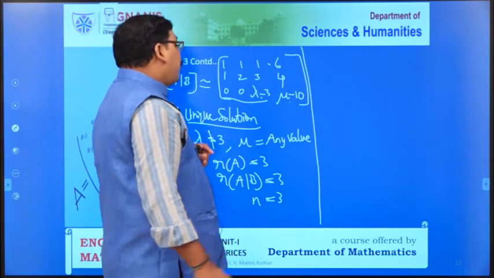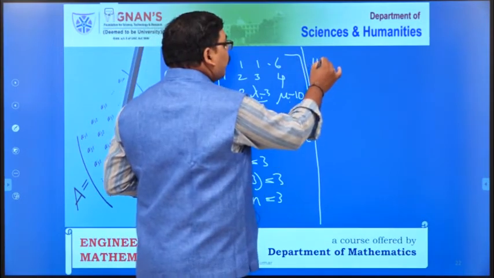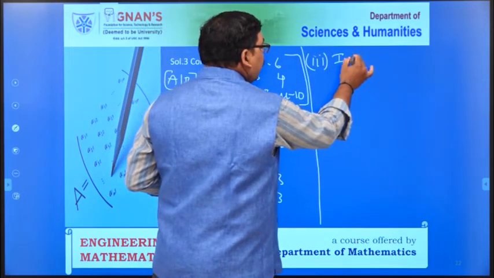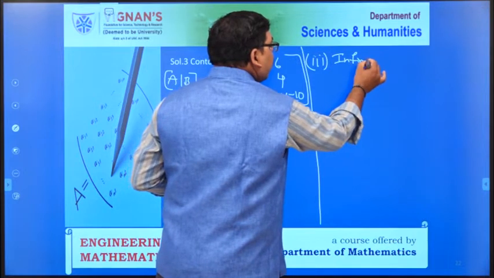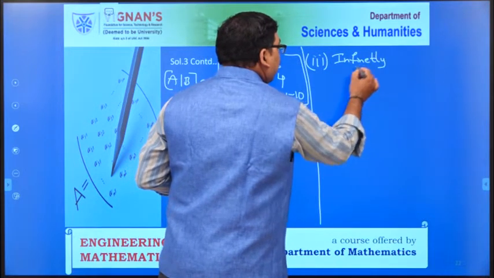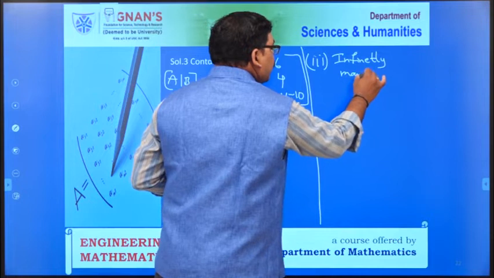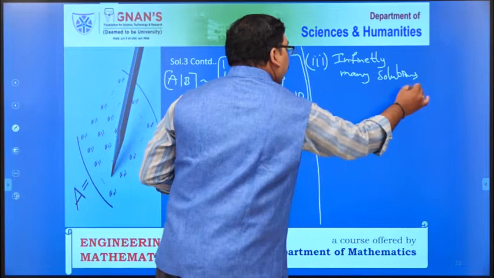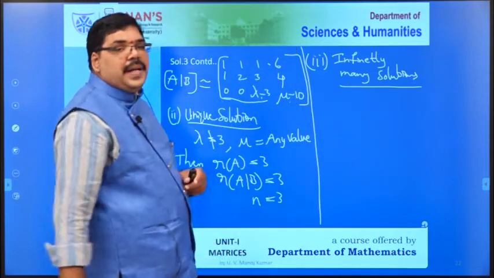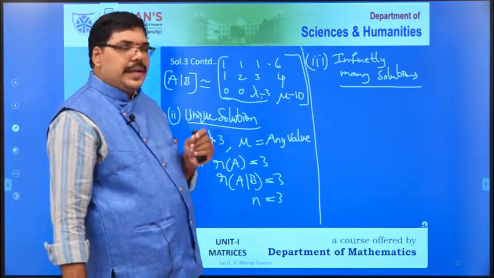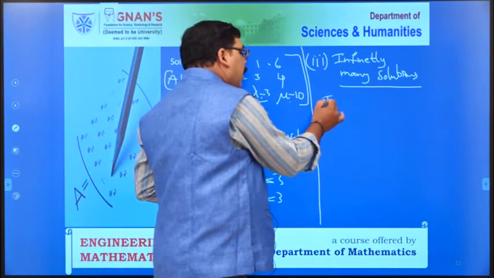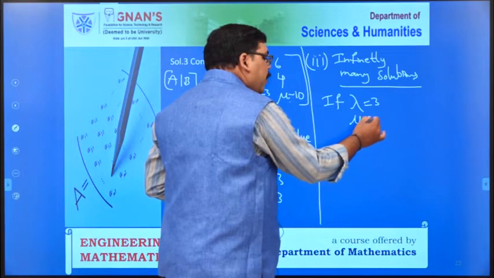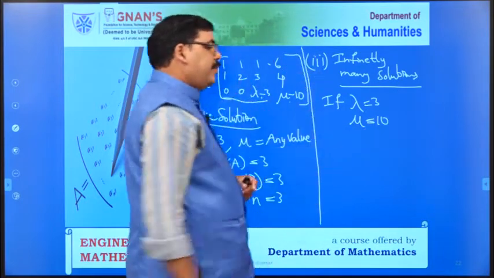Okay. So, for infinitely many solutions, we will have infinitely many solutions if lambda equals 3 and mu equals 10.